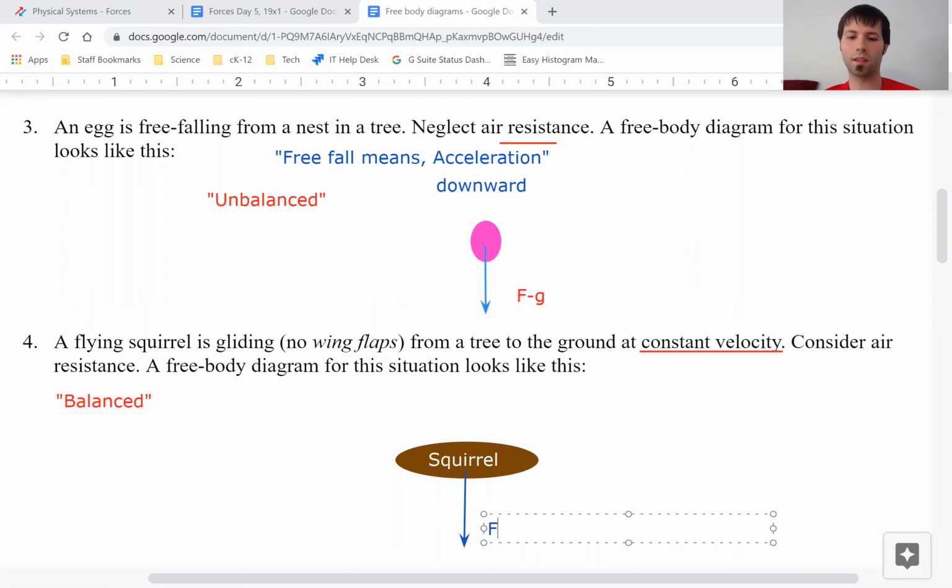Now it says this time to consider air resistance. So we know that the squirrel is being pulled down by gravity, but this is a balanced situation, which means something has to balance that force of gravity. And that thing that balances the force of gravity is air resistance.